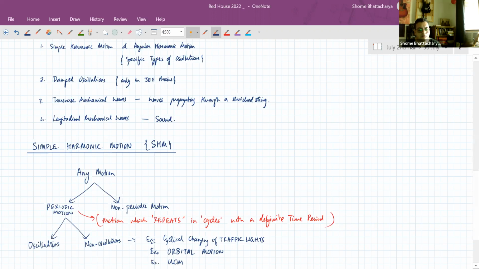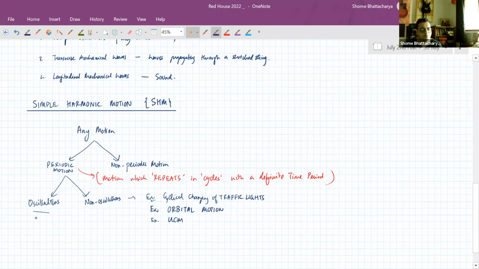Now, all of you know oscillations, for example. You know that any pendulum is an oscillation. A spring mass system typically oscillates with a definite time period. So what is the difference between this and this? They are both periodic with a definite time period.